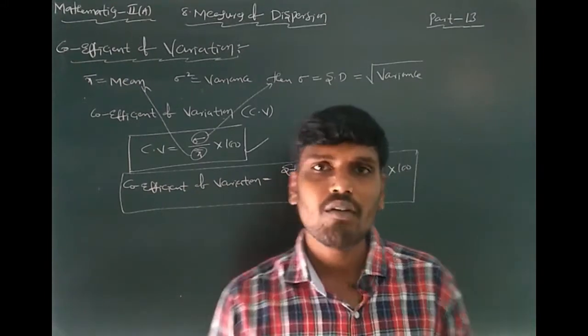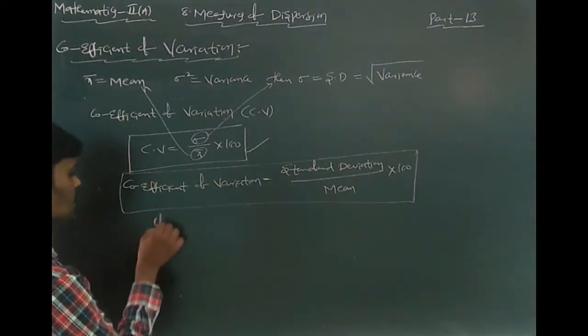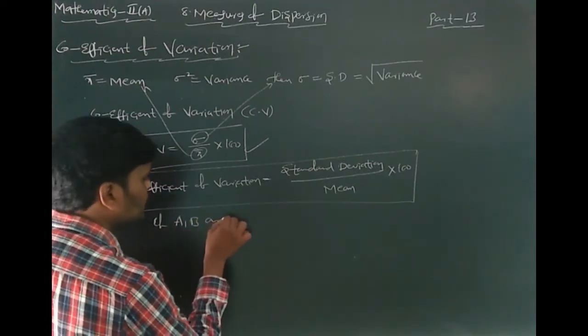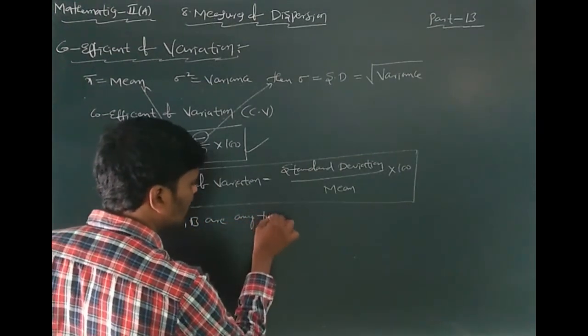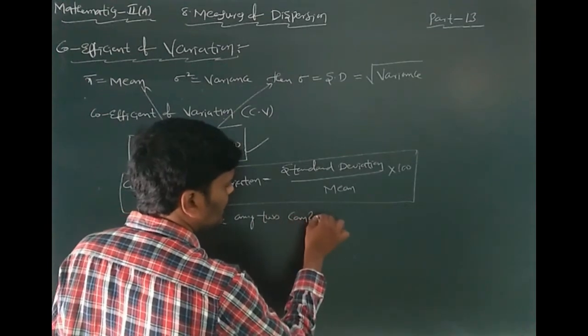In this coefficient of variation, suppose A and B are any two players or two companies.